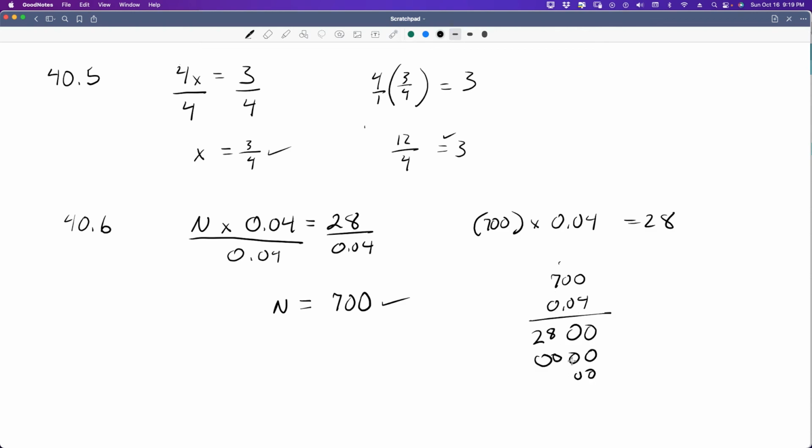All right, now we're in this place value, 3 zeros. Bring everything down. And we have 2 decimal places, 1, 2. This would go away, and our value would be 28. So it does check.